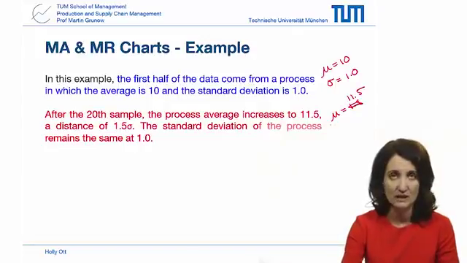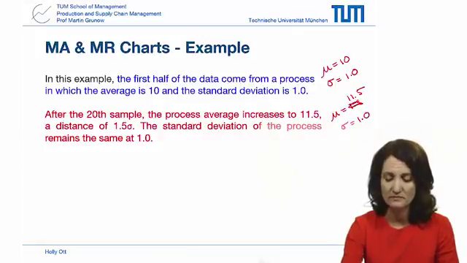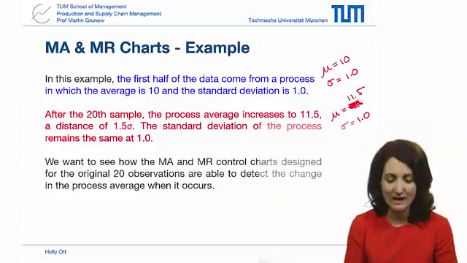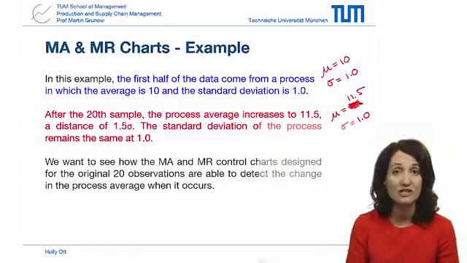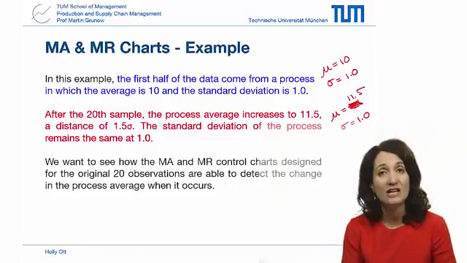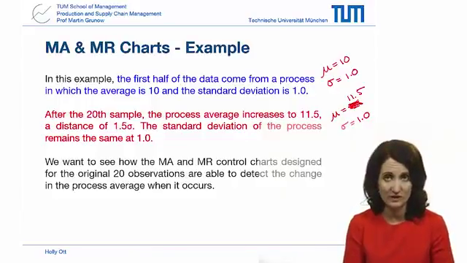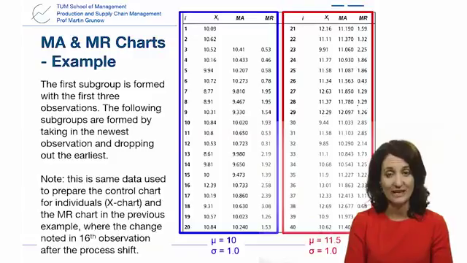It shifted by 1.5 sigma, and sigma stayed at 1. So we want to see how the MA and MR control charts, which were designed for the original 20 observations, are able to detect the change in the process average when it occurs from the 21st observation. So here's our data again.